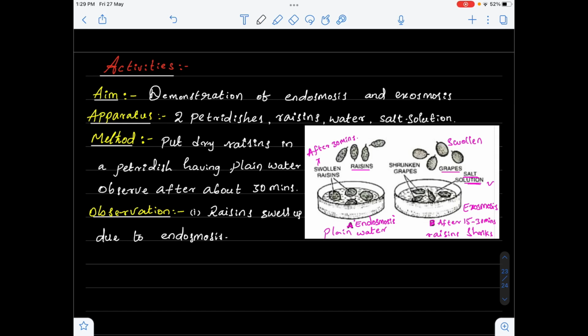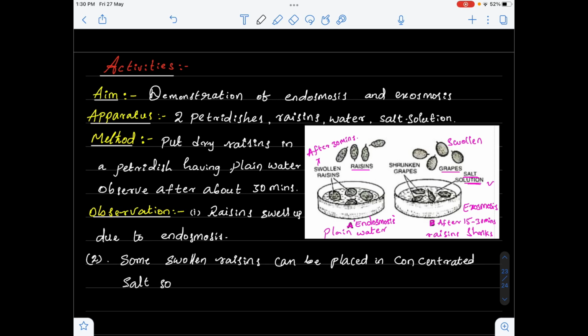And after this, what we have done, we have taken some swollen raisins and placed them in concentrated salt or sugar solution.